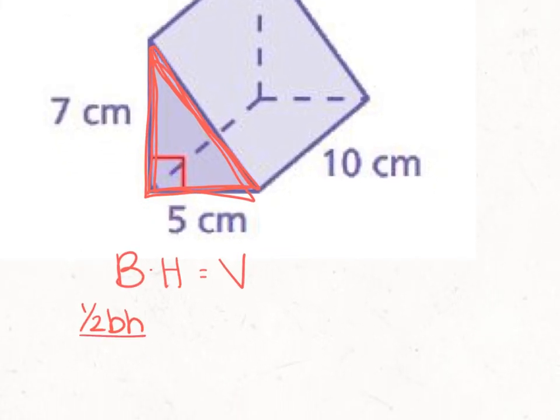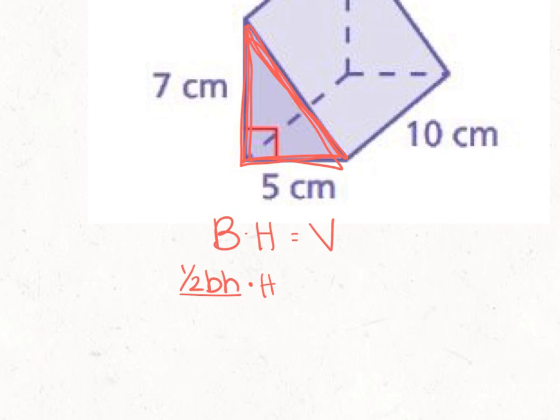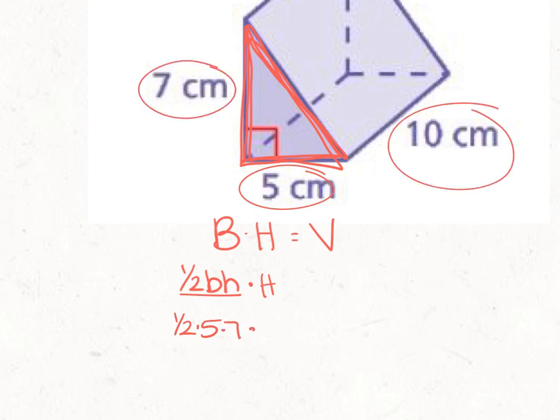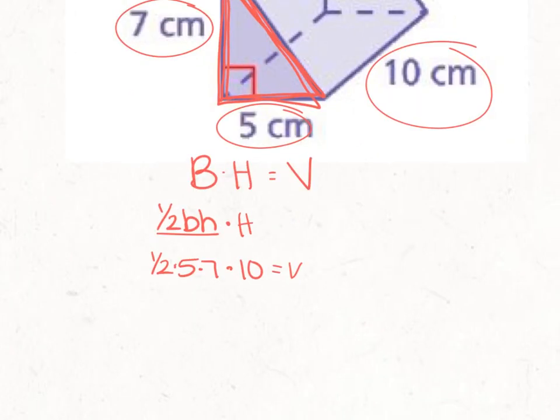That's coming from the triangle area, then multiplying by the height of my prism. So the base of my triangle is 5, the height of my triangle is 7, the height of my prism is 10. 35 times 1/2 times 10 gives me 175 centimeters cubed.